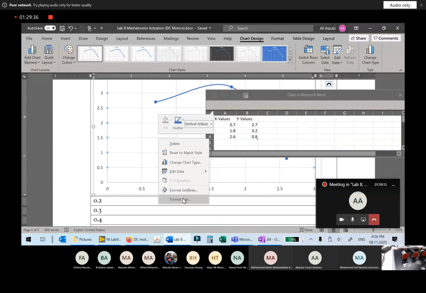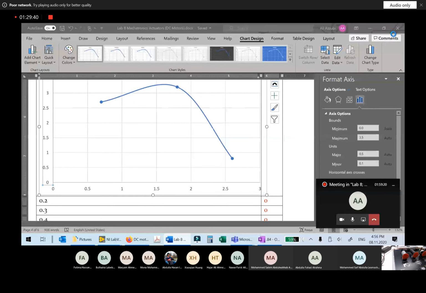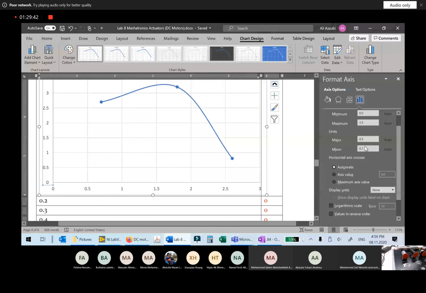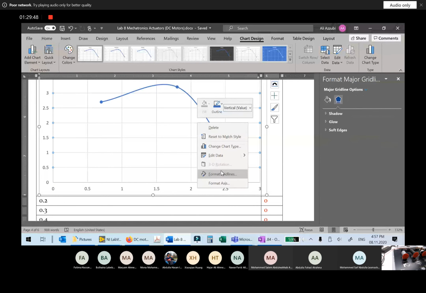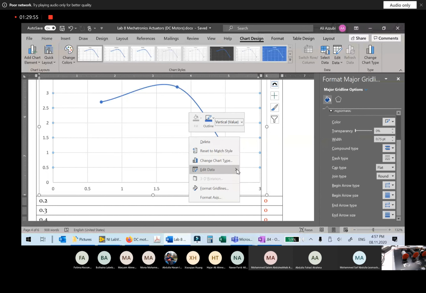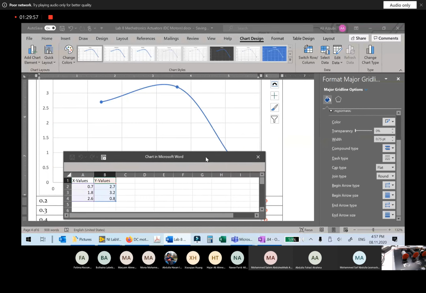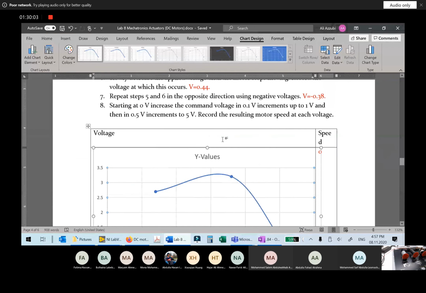This is strange. Oh, that's not access. Oh, this is a strange graph.